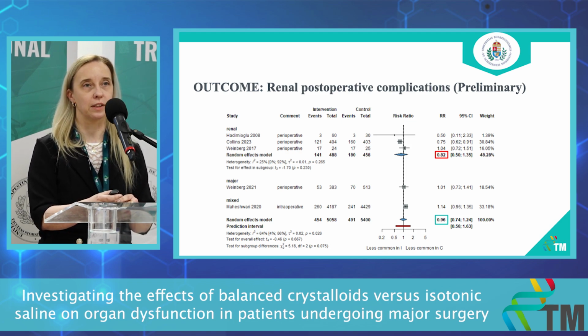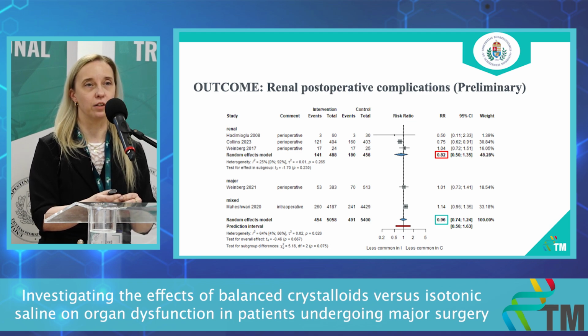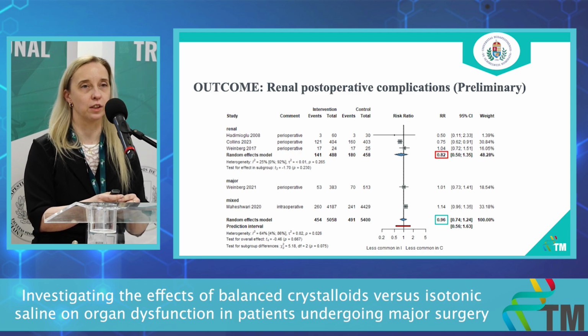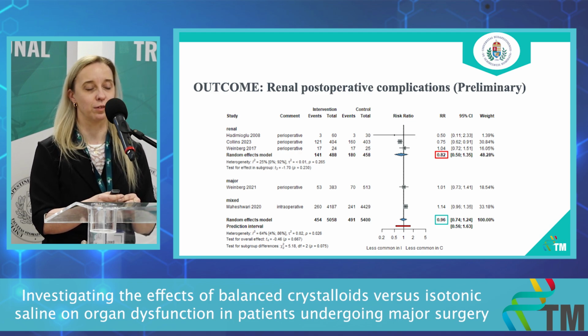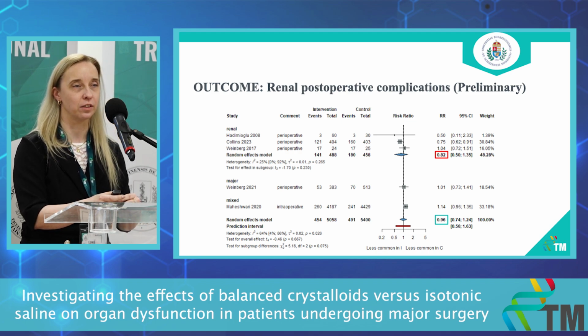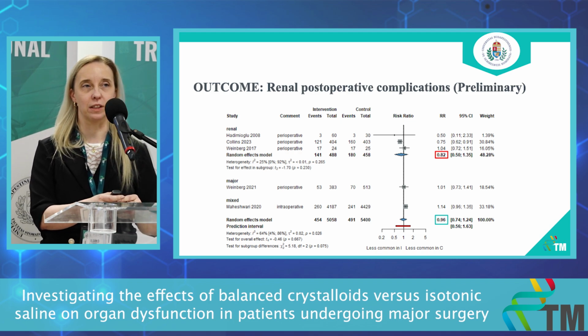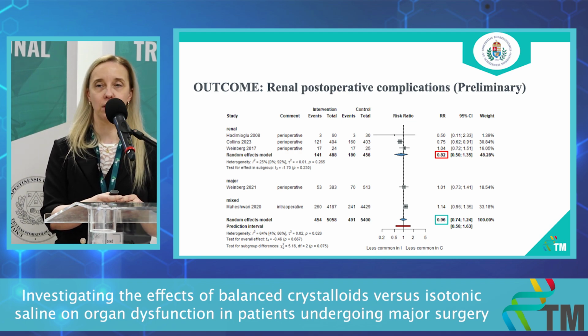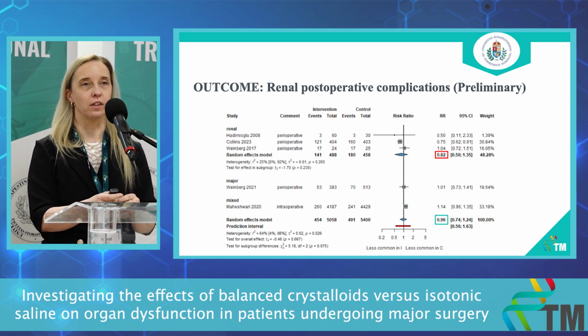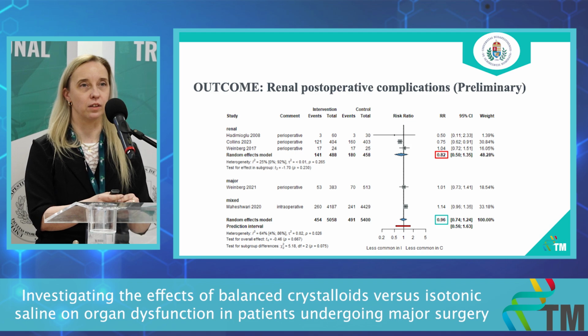You can see we use the odds ratio as a measurement, and the overall risk ratio of the population is 0.96. In the renal patients, which means that all of these patients had kidney transplantation, the risk ratio was 0.82.